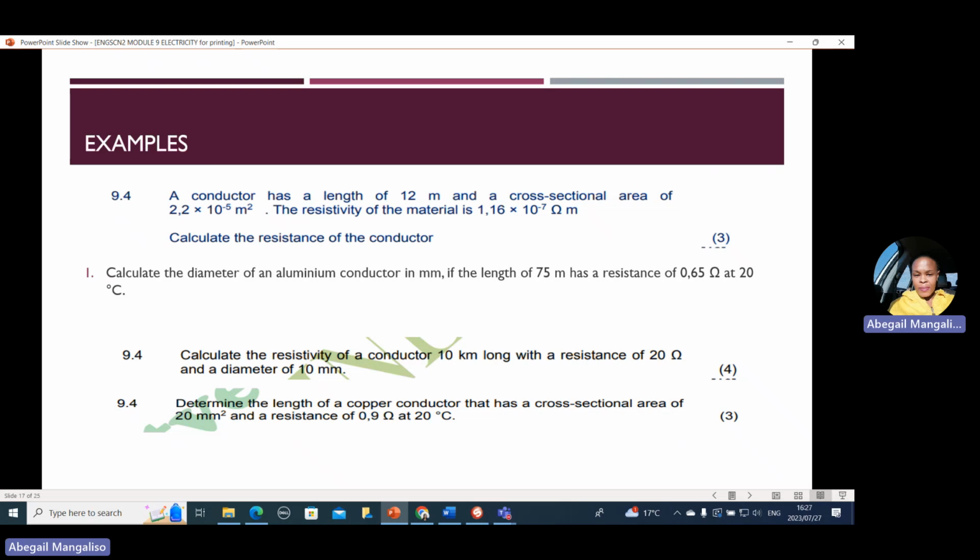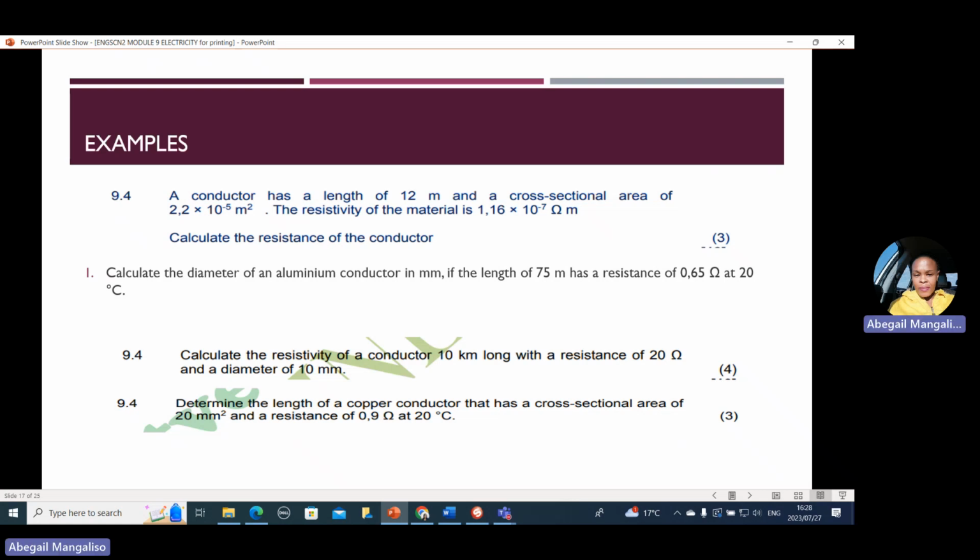So T is given as 20 degrees Celsius. Calculate the diameter. We're going to get the diameter from the formula of an area.